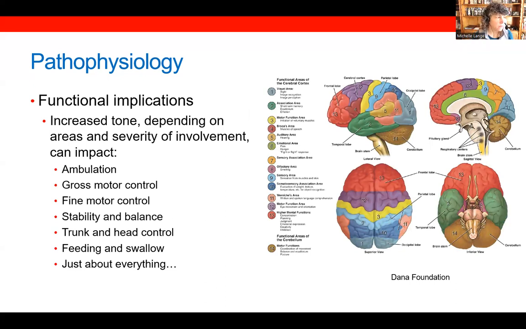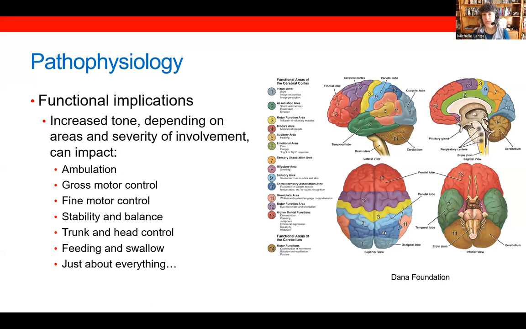What about the functional implications that we're looking at here? Well, with someone who has increased muscle tone, depending on the areas and severity of involvement, we can see an impact in ambulation, gross motor control, fine motor control, stability and balance, trunk and head control, feeding, swallow, really just about everything.